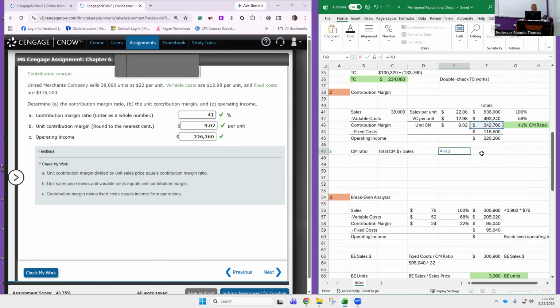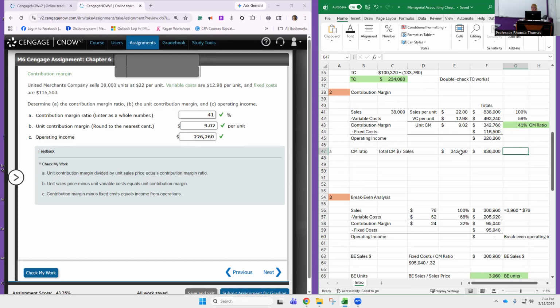If we did this to show you the math, you would take 342,760 and divide it by sales, which is 836,000. I know I've already done this here, but I'm doing it one more time.